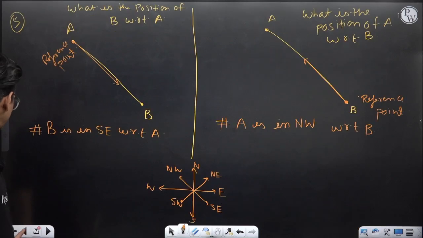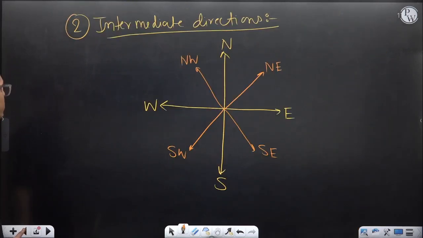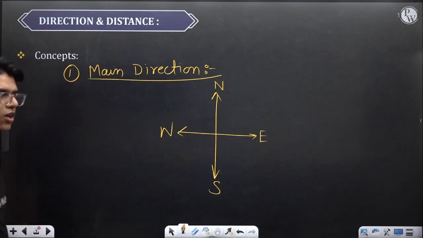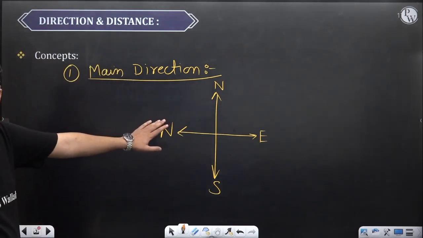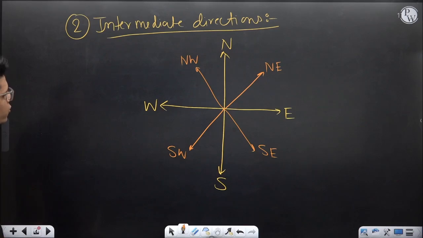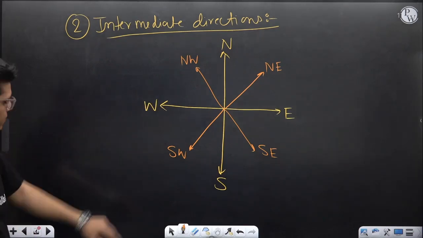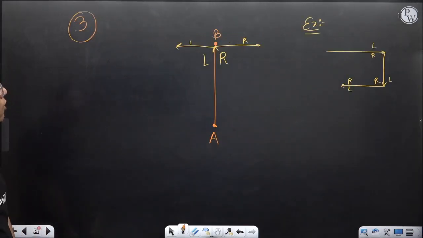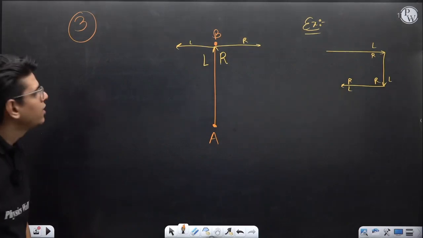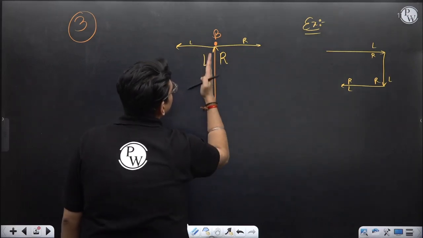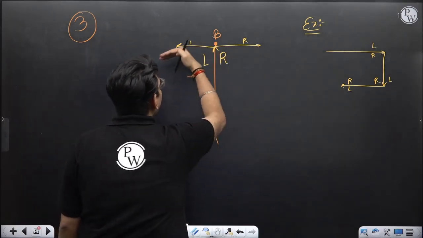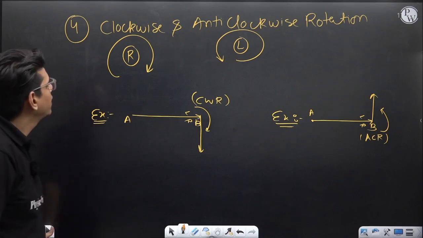Let's go over the things once again. These are the basics you need to know to solve direction questions. What are these? The main directions, you should know these. After that, you should know the intermediate directions. Then, how to take the right and left turn. This is my right, this is my left, this is also my clockwise, this is my anti-clockwise direction, right?